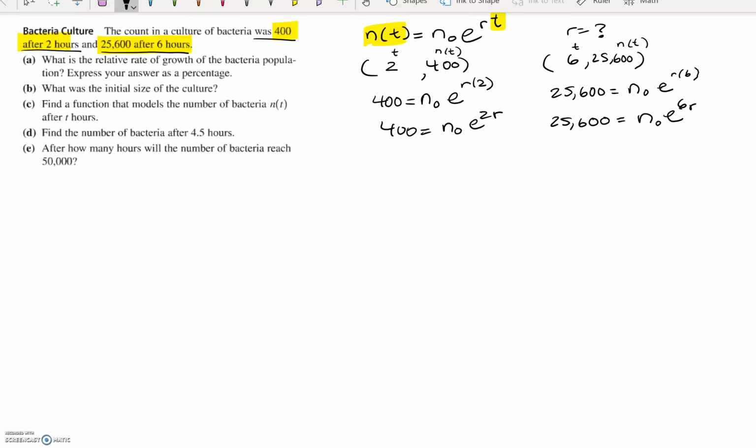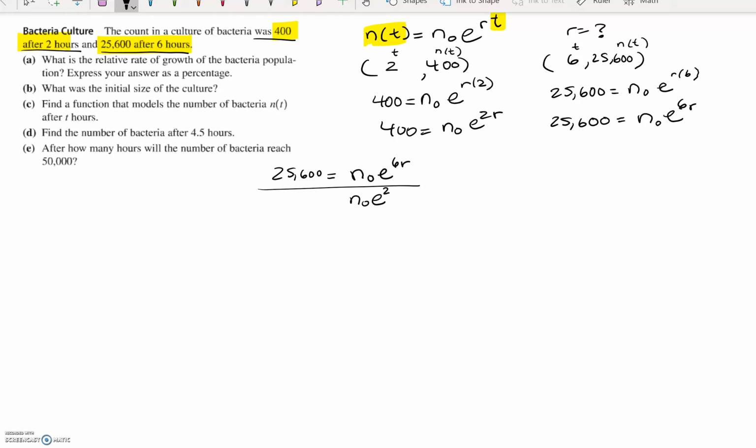And also part B gets answered as well, because they also want us to find the initial size, which is the N naught. So you can use a substitution method if you want, your choice. I think I'm going to use that little trick of dividing two equations. So I'll take the one with the higher exponent divided by the one with the lower exponent.